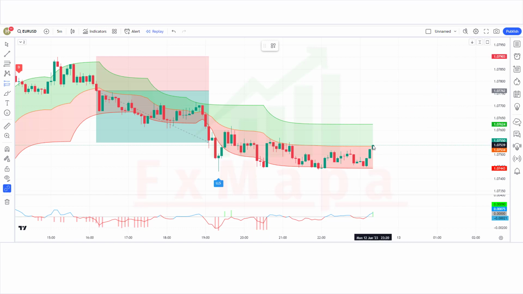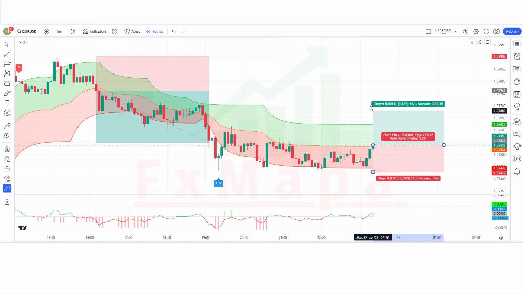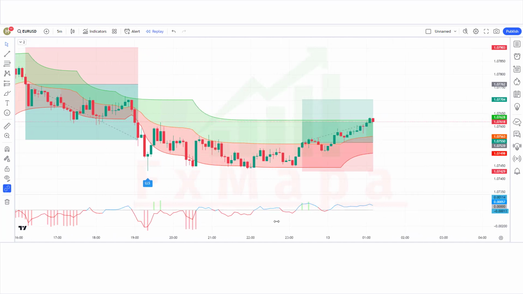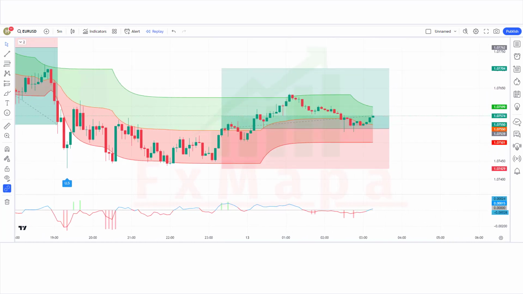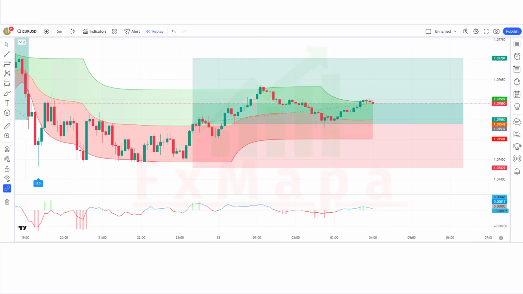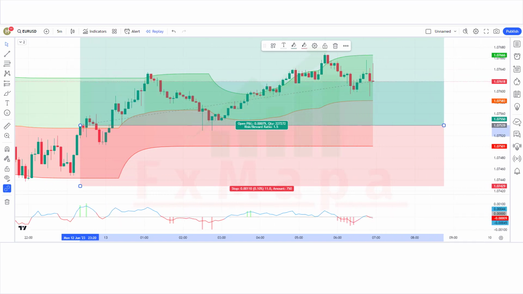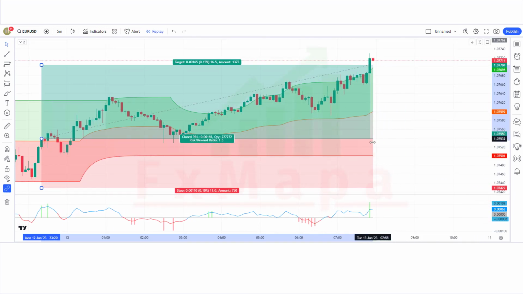We will place our stop loss on the low made by the market after the signal. And the risk to reward ratio will be 1:1.5. The market has completely hit the target.